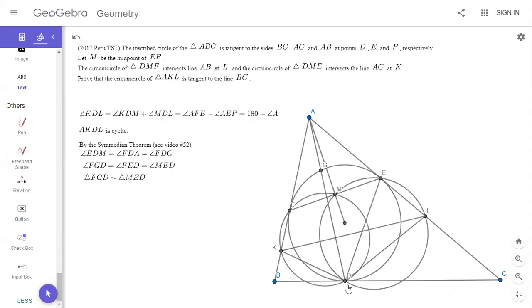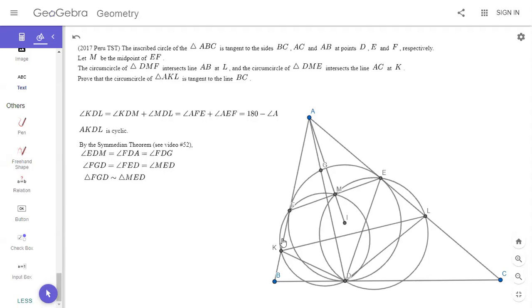I'm trying to think about this, and also GFD is equal to ADC. So hold on just a sec. Yeah, we want to show those are equal to AKD. So just doing this in my head.